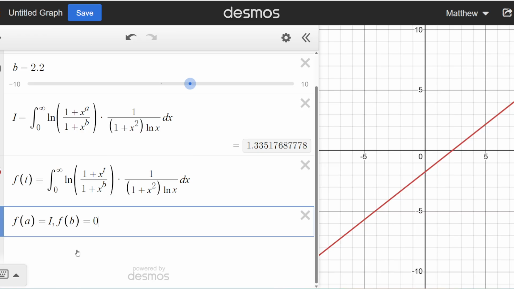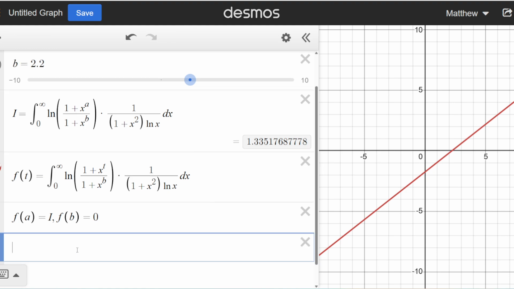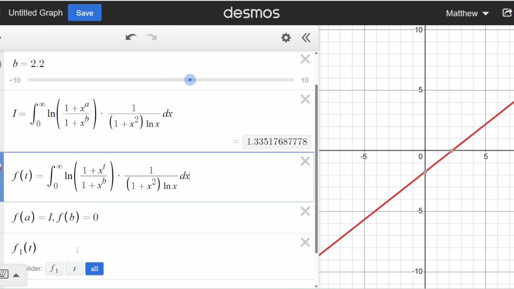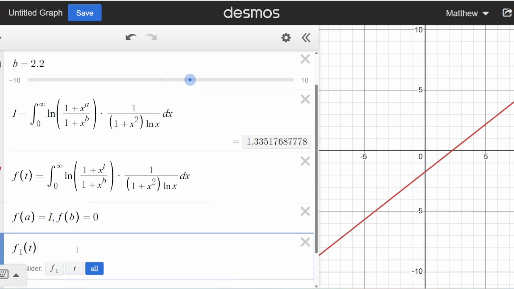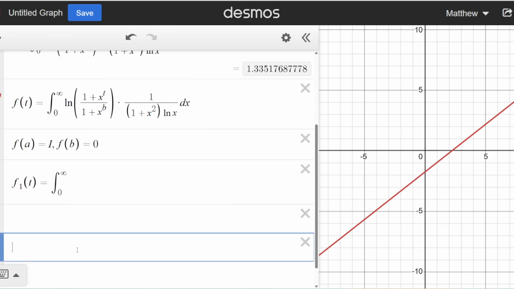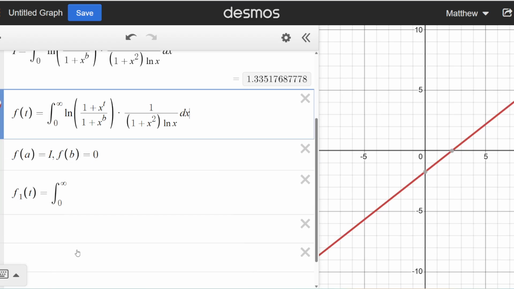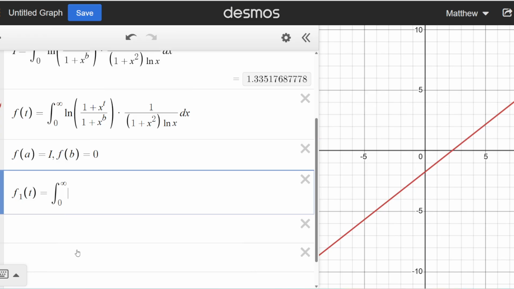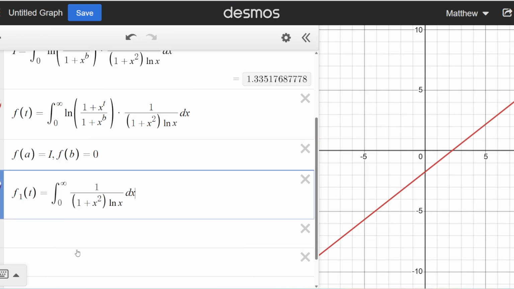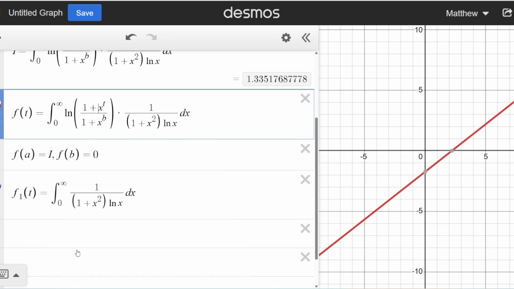Okay, so now what? Well, we'll use the standard Feynman's integration trick of differentiating our function of t with respect to t. So what's that going to give us? Well, we'll still have the integral from 0 to infinity. Let me scroll down a little bit. We're still going to have this term, and we're going to get 1 over this term.